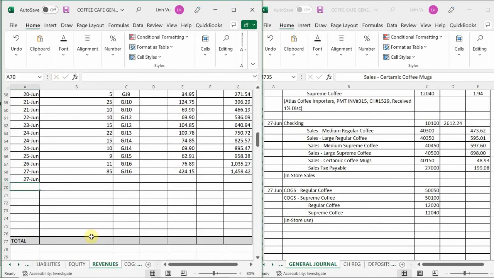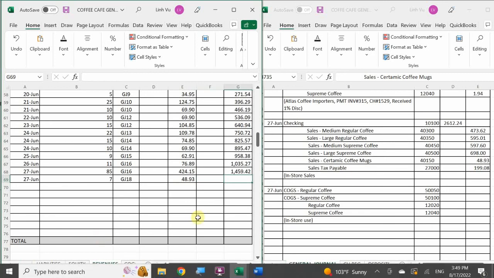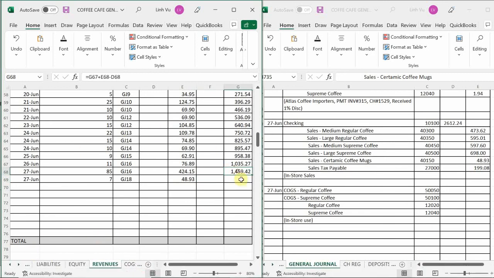We sold 7. Page 18 for 48.93. Okay, that should give you a total of $1,508.35.